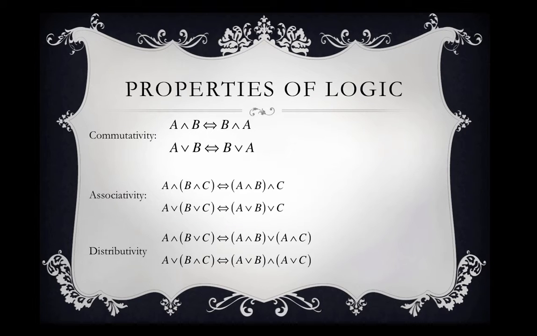And the last one is distributivity. This should remind you of what happens if you multiply something into brackets. You've probably heard of the distributive property of addition and multiplication. Well, logic also holds it. So first we will see that A and (B or C) is equivalent to (A and B) or (A and C), as well as A or (B and C) is equivalent to (A or B) and (A or C).